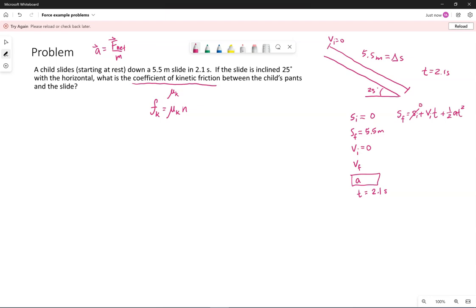So we're saying the child starts at rest and calling the initial position 0. So let's see, I can solve for A. So 2 times this 5.5 over the time squared. This will give me the value of the acceleration.